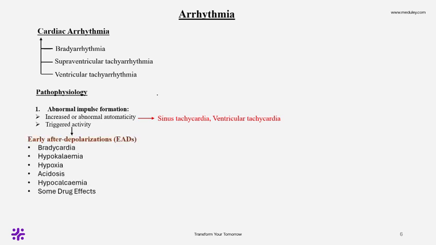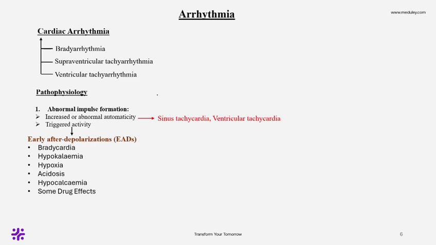In early afterdepolarization, it happens during the repolarization process, that is, just after the depolarization. In the early phase there will be an extra beat which will occur in conditions like bradycardia, hypokalemia, hypoxia, acidosis, hypocalcemia and some other effects.